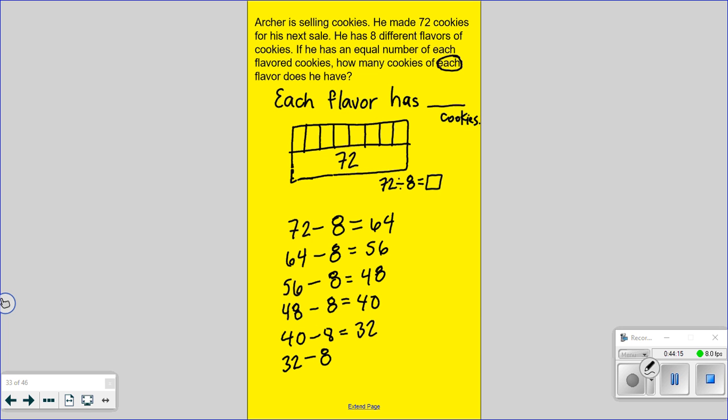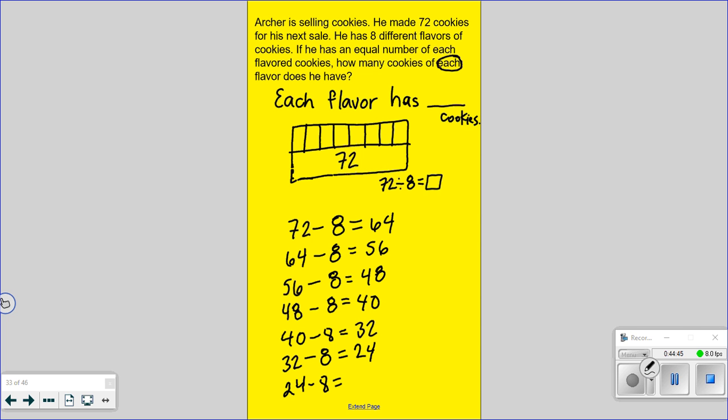Minus another group of 8. That one's tricky. Do you have 32 minus 8? 24, great job. Got 24.